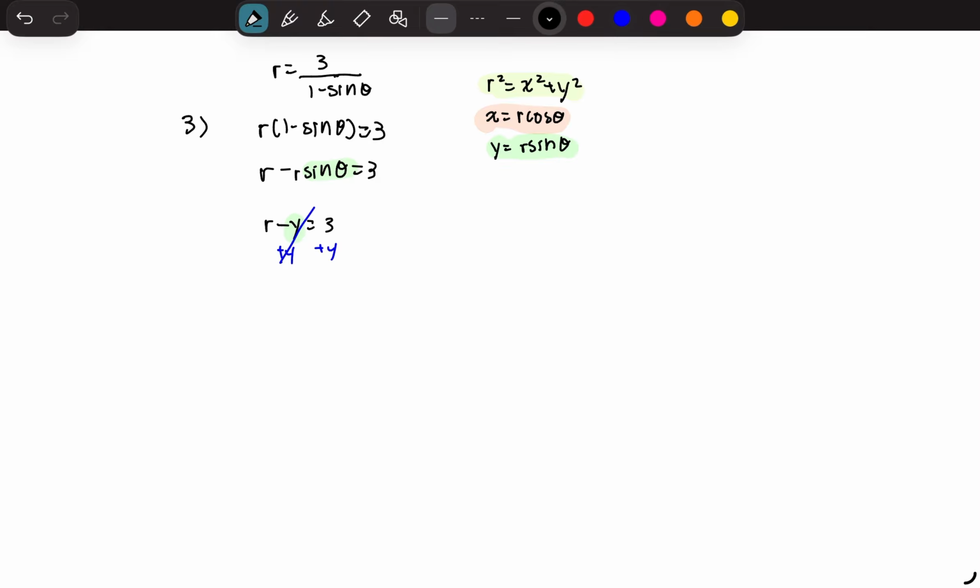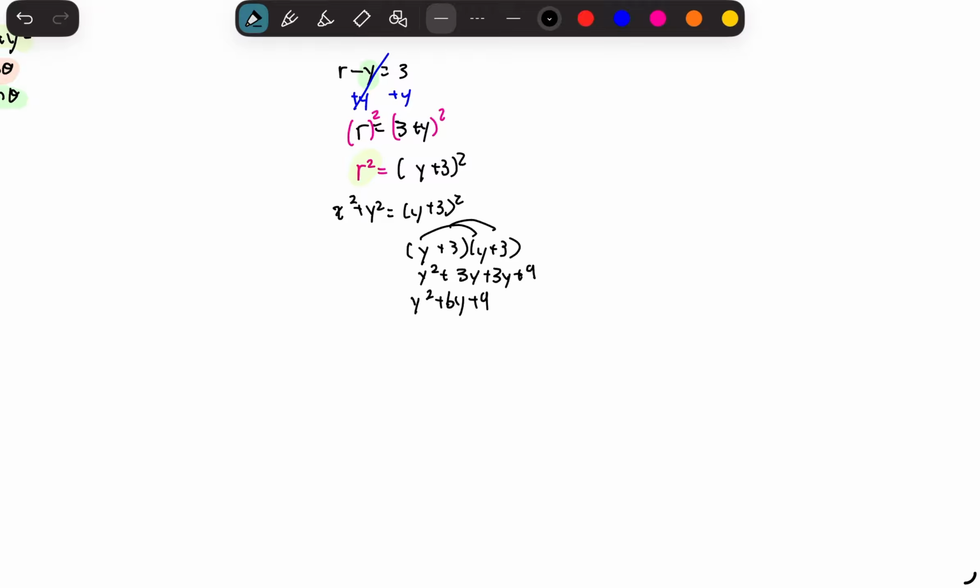And what we can do before we do that, we can just leave it as y plus 3 squared for now. So we can replace r squared with x squared plus y squared, and that's going to be x squared plus y squared is equal to y plus 3 squared. Now, if you expand this, this is going to be equal to y squared plus 6y plus 9 on this side.